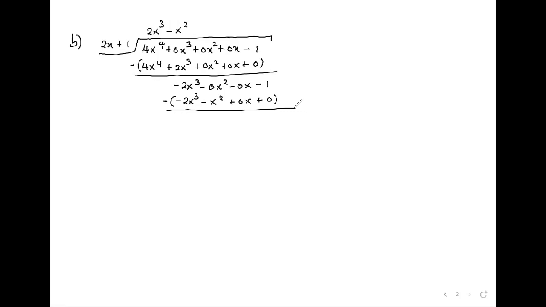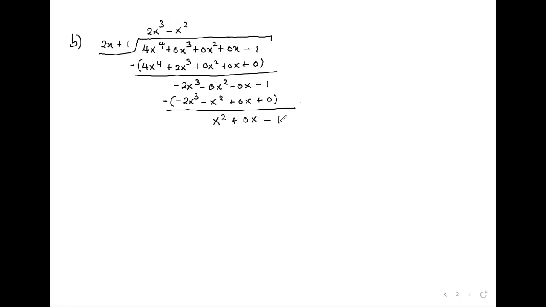Then 0x squared minus negative x squared, so we get positive x squared. And then 0x minus 0x, we get another 0x. And then minus 1 minus 0, we get minus 1.